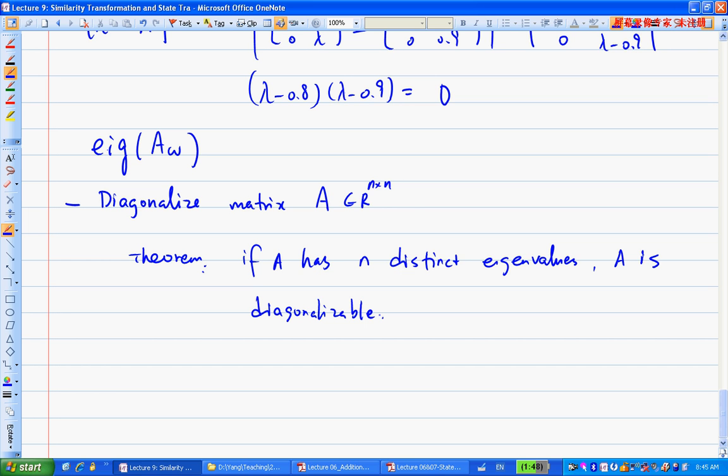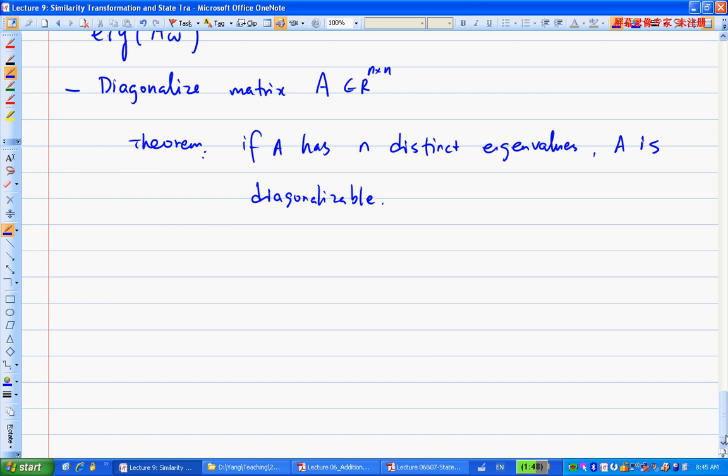So if A is a 2 by 2 matrix and happens to have 2 distinct eigenvalues, it's diagonalizable. If A has n distinct eigenvalues, it is diagonalizable.